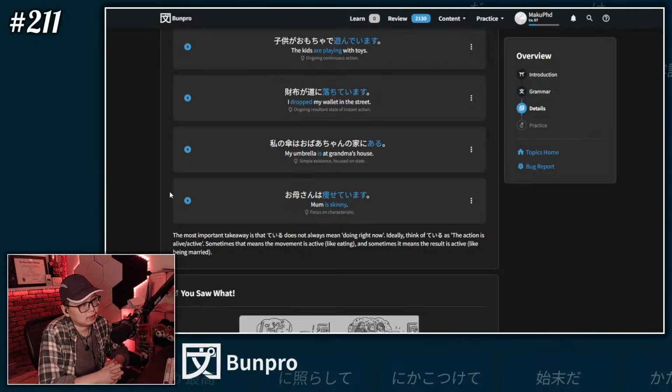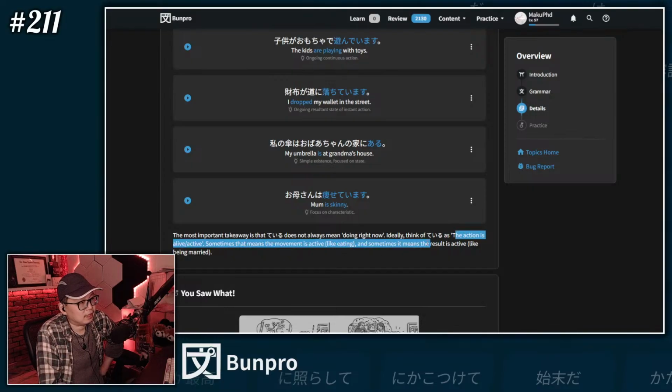The action is alive or active still says doing right now. I think more so that the most important takeaway is that you're thinking about the persistence of a state. So if you're doing something right now, the state is still doing right now. It's still happening. So ideally teiru is if the state of the action exists or is existing, which is certainly not as elegant as the action is alive.